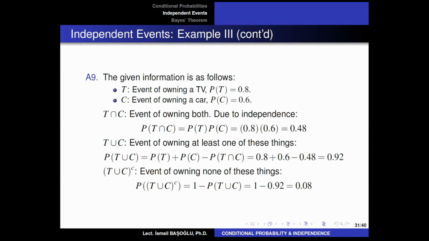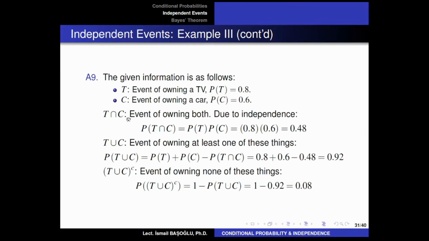So we are going to express again the given information in the question with set notation, and let T denote the event of the randomly selected family to own a TV, and the probability of T is 0.8, and C is the event of owning a car for a randomly selected family, and P(C), the probability of event C, is 0.6, and we know that these two events are independent from each other, as it is stated by the question.